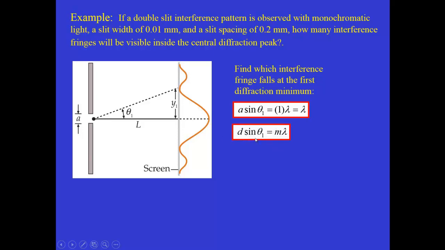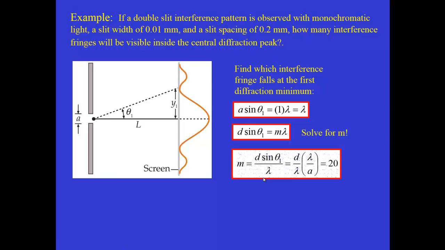Now we use the expression for the interference fringe maximum: d sine theta is equal to m lambda, where m is an integer. And if we take these two equations and combine them by solving for sine theta 1 and substituting into the other equation, we can solve for m.